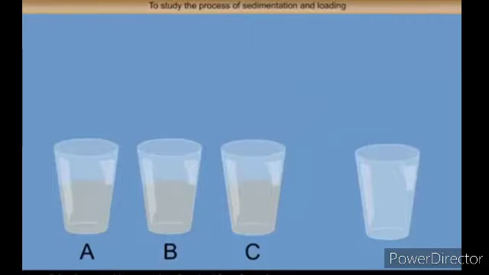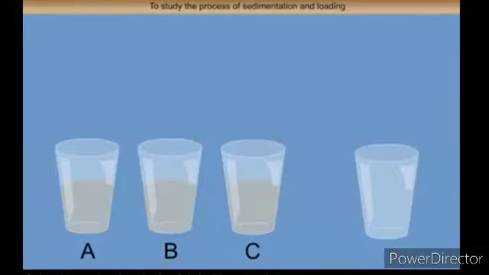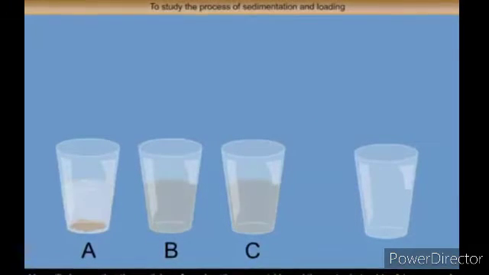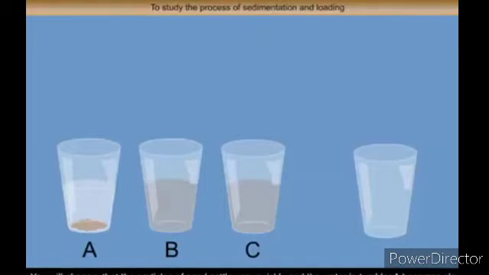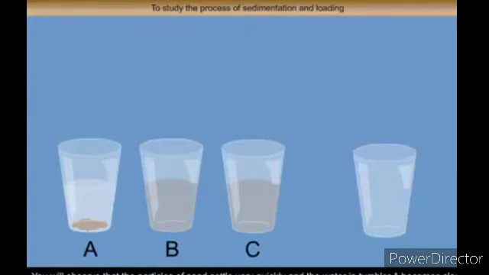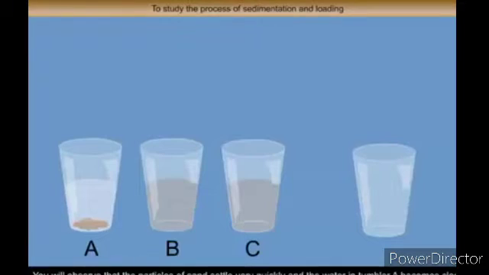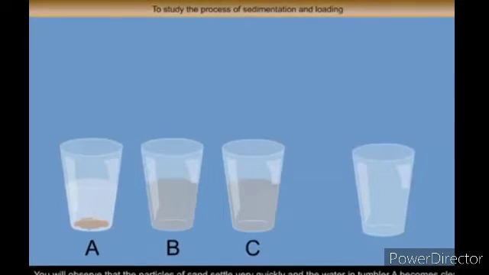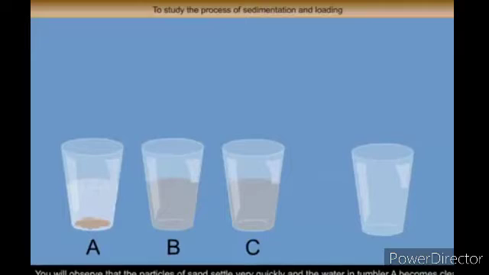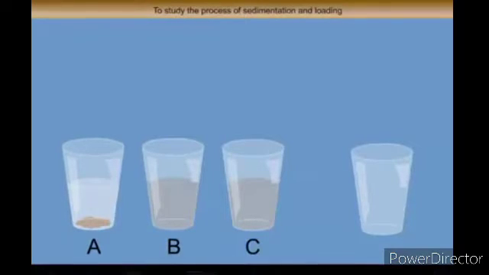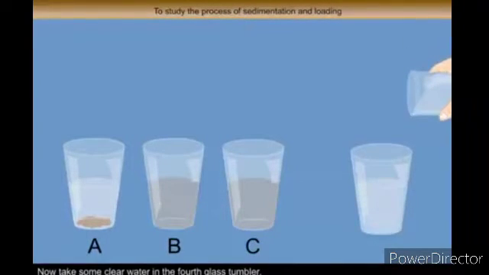Then wait for some time. After some time, we observe that the sand settled down in beaker A. On the other hand, clay in beakers B and C takes a long time to settle down.